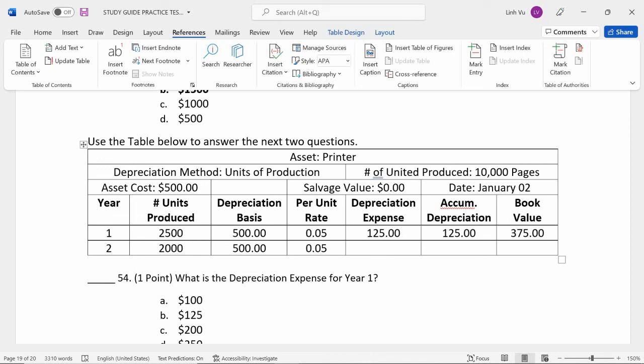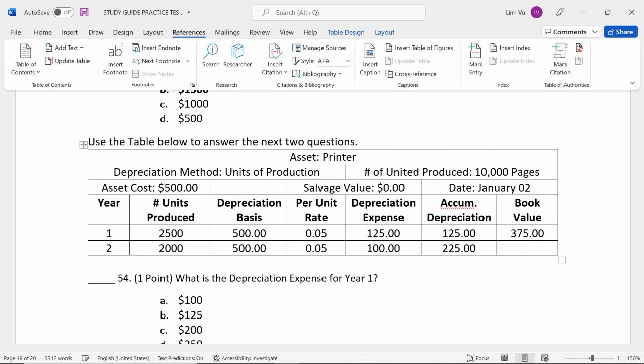So what's my total amount of depreciation expense? 100, right? 2,000 times 5 cents gives you 100. So what's my accumulated depreciation? 225. Right? You got your previous year's 125 plus 100 current gives you 225.